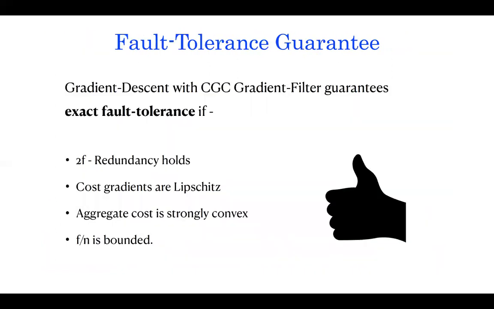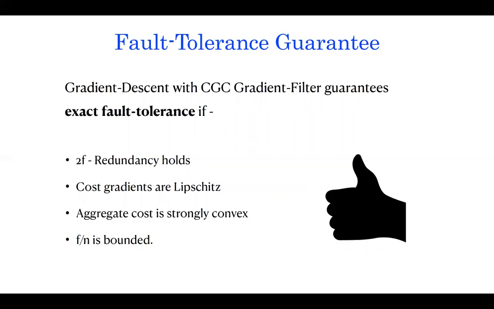So we have shown in our paper that the distributed gradient descent method with the CGC gradient filter guarantees exact fault tolerance if 2F redundancy holds, which is anyway a necessary condition, as we have already established. Second, the gradients of the cost functions are Lipschitz continuous, which is fairly standard in practice if you are aware of certain applications, as we have presented early on in this presentation of distributed optimization.